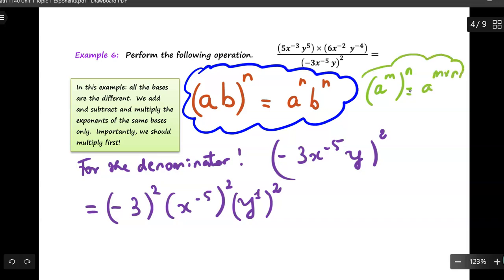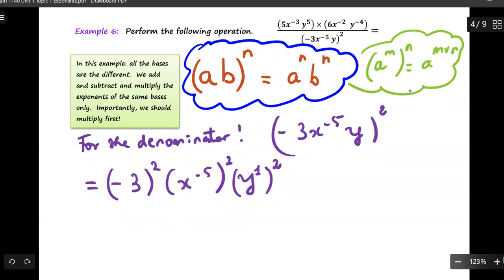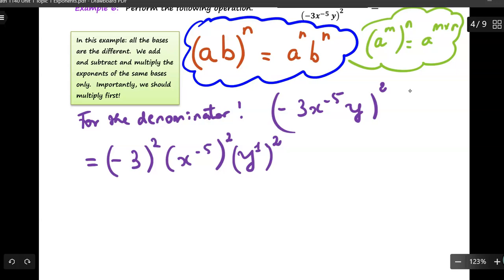So you multiply the exponent in this case. So what I have is I will take negative 3 and I square that. Don't forget it's a negative in the bracket, raised to the exponent 2. So you need to raise this negative to the exponent 2 as well.